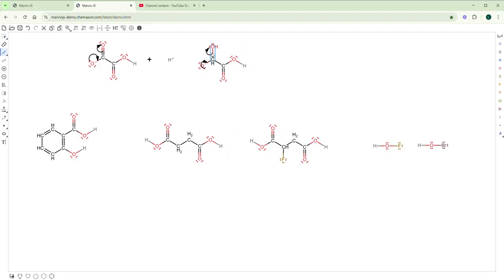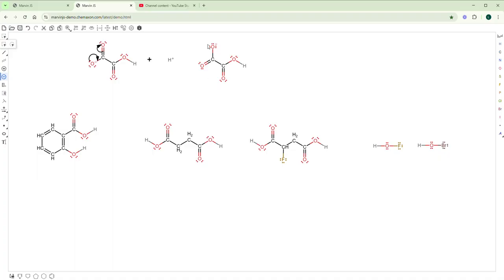The result of that arrow push, let's get the arrows out of here, is going to give us an alternate form where I've just relocated the negative charge to another oxygen. And so the area that the negative charge is able to move to has expanded. And the larger the area of the negative charge, the more stable the negative charge.